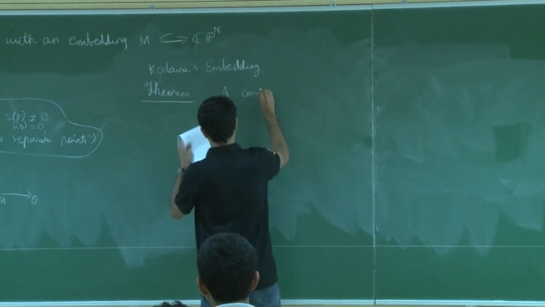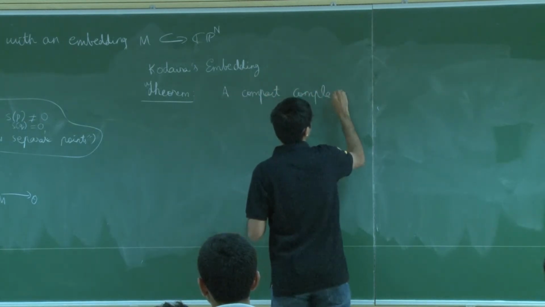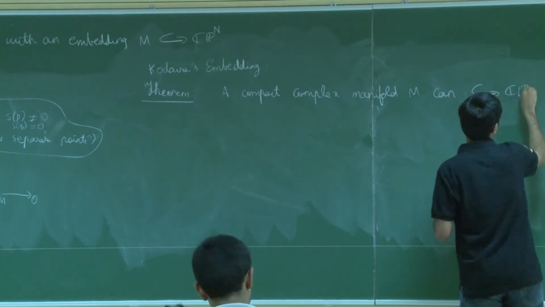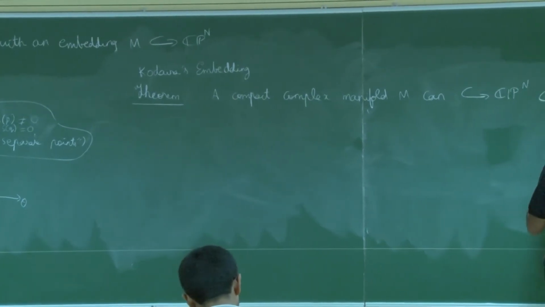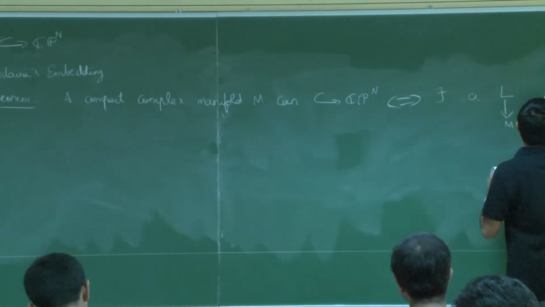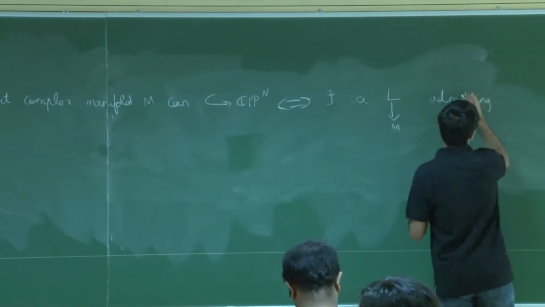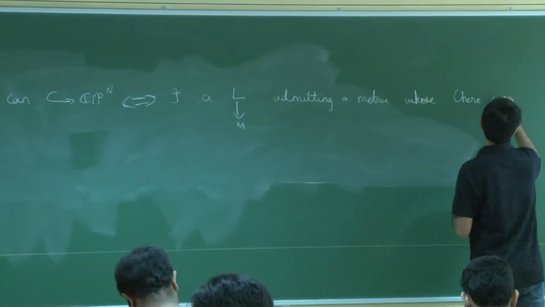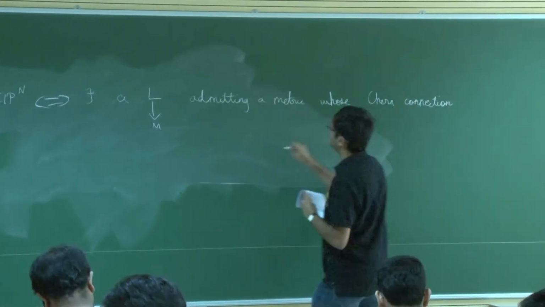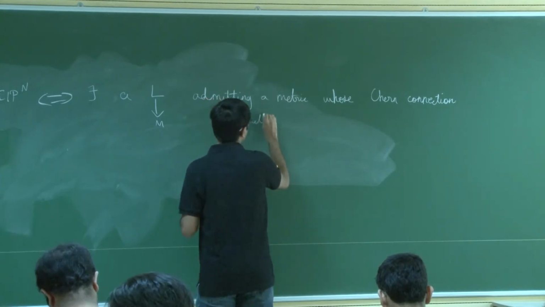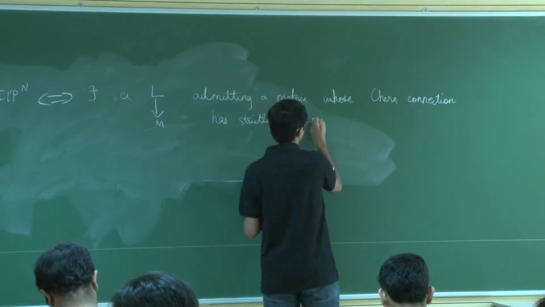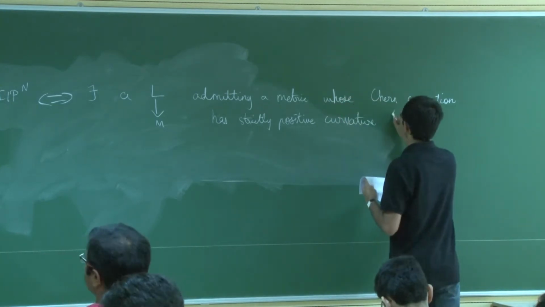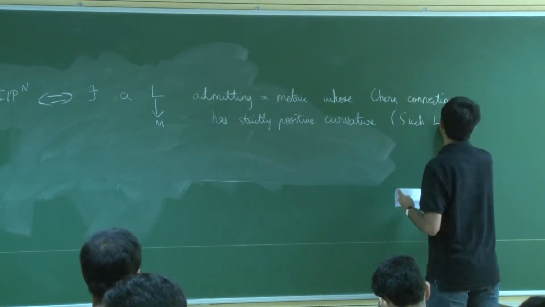A compact complex manifold M can be embedded into CP^N if and only if there exists a holomorphic line bundle L admitting a metric whose Chern connection has strictly positive curvature. Such L are called ample.